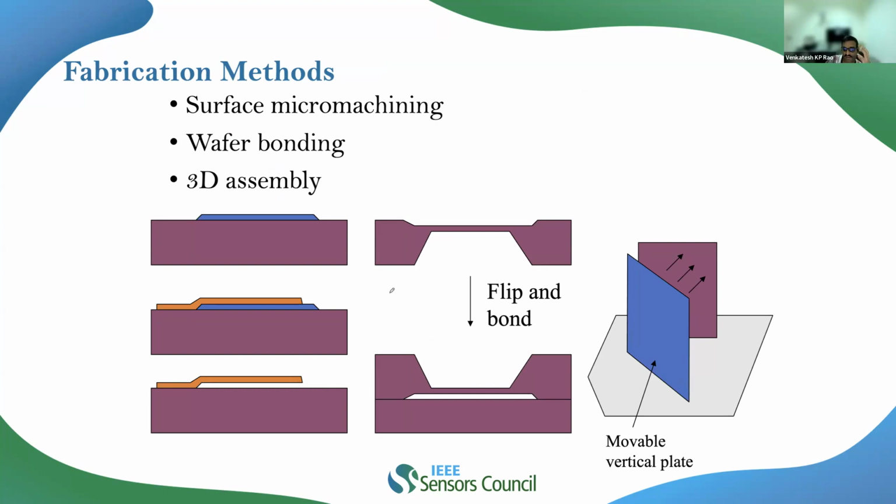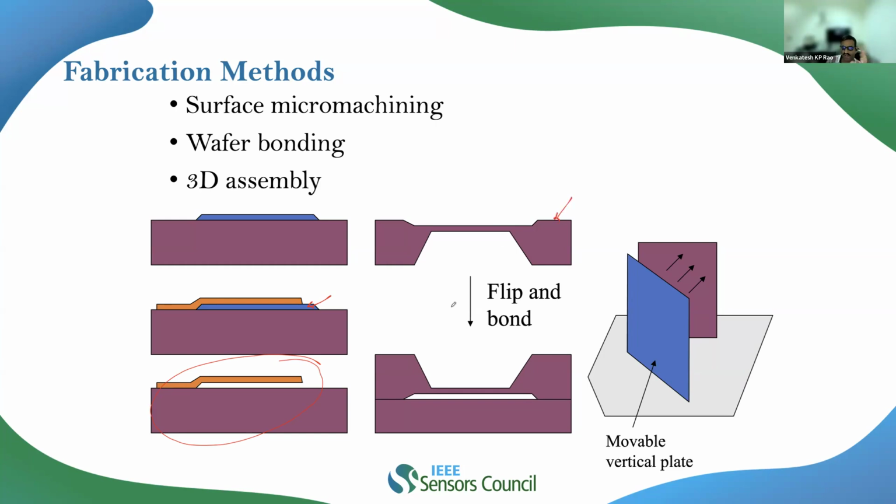Now, one can realize it by a fabrication process like surface micromachining. For surface micromachining, we start with a single crystal silicon and oxidize it, pattern it, deposit the polysilicon, and strip away the oxide layer so that I will get the cantilever beam like this. On the other hand, I can go by bulk etching as well.